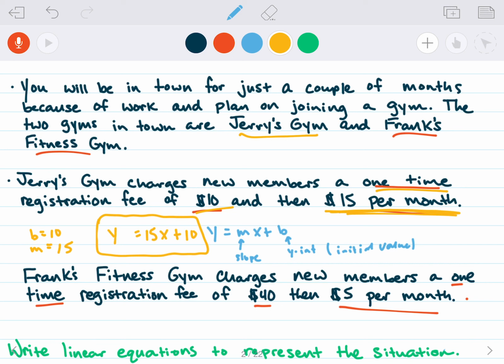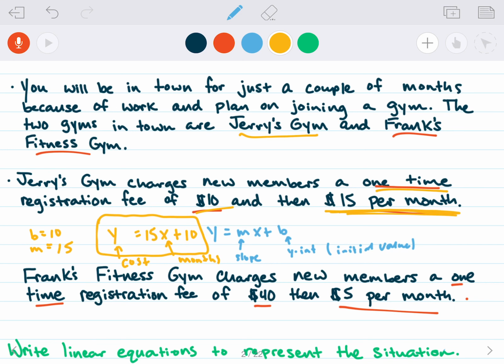The point is that y represents the cost. And what does x represent? x is our independent variable, what we are in control of changing. What we're in control of changing is how many months we stay at the gym. And from previous lectures, we know that 90% of the time x represents time. So this is going to be our months. That's our equation for Jerry's gym.